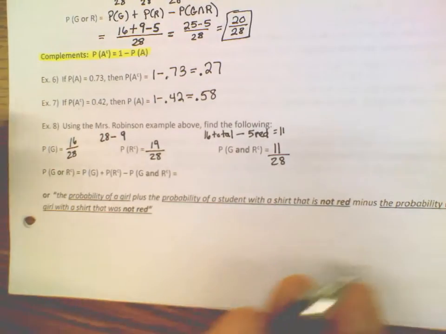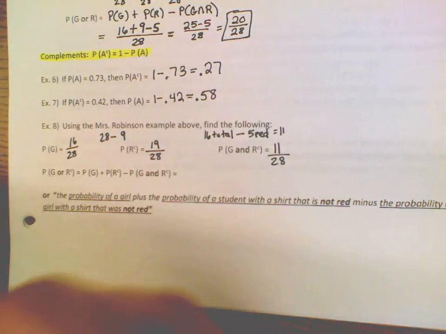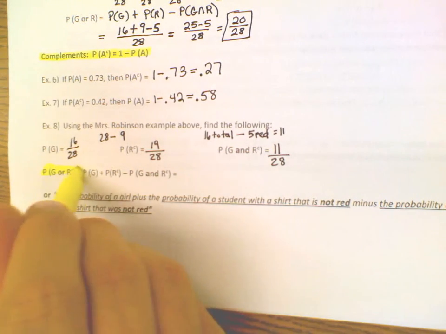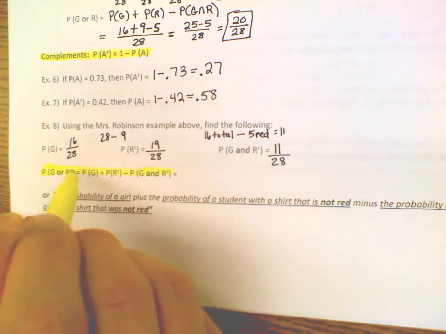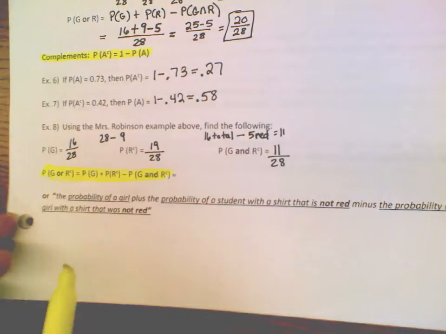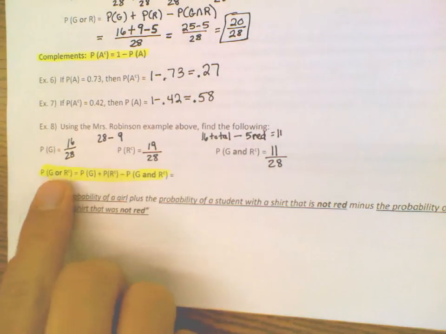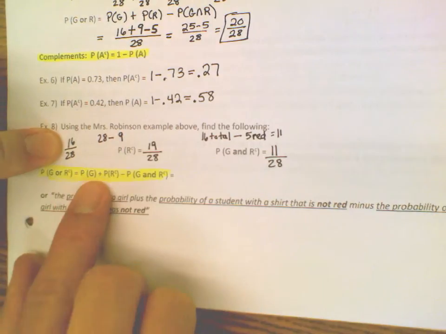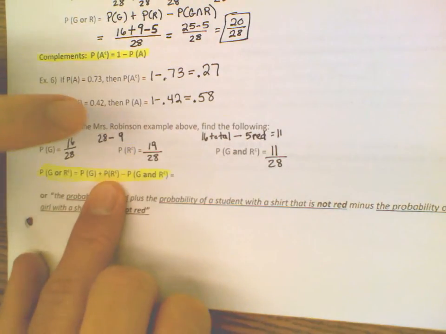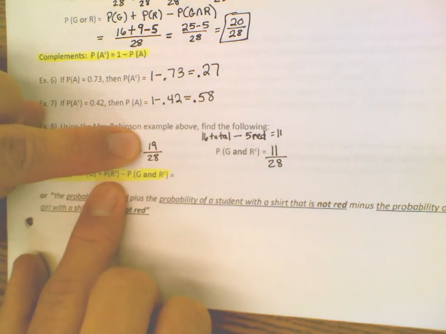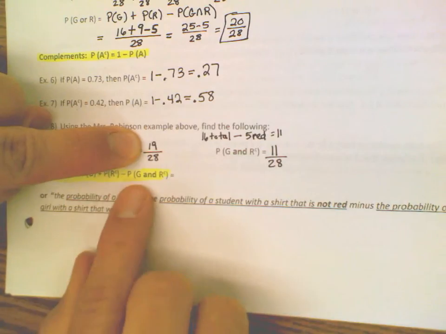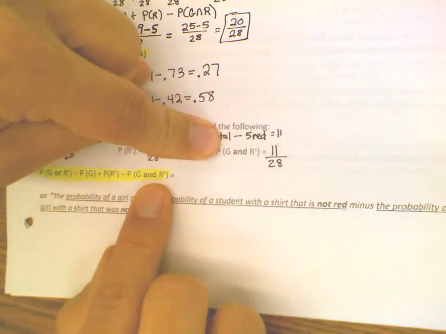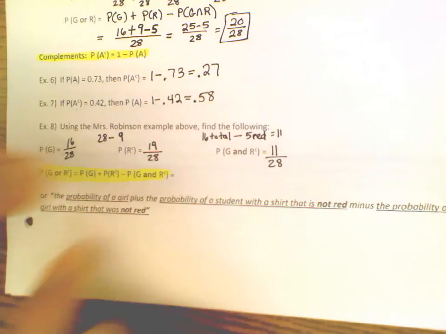Okay? So now we are given the formula to find our next one. Probability that it's a girl or not a red shirt means I'm going to take the probability that it's a girl plus the probability that it's not wearing a red shirt, and then subtract the probability that it's a girl and not wearing a red shirt.